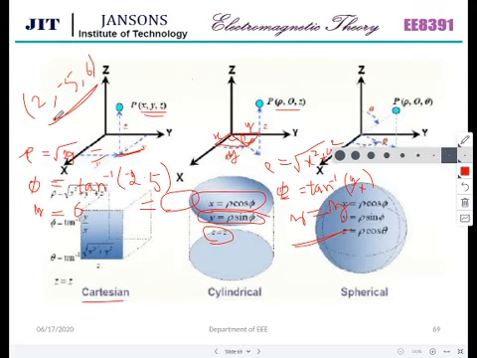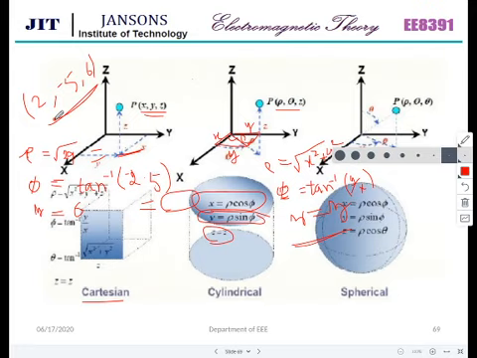With this I am closing the session today. What all things have we seen? We have seen certain problems in dot product and cross product, and an introduction to the Cartesian and cylindrical coordinate systems. There are three coordinate systems: Cartesian, cylindrical and spherical.